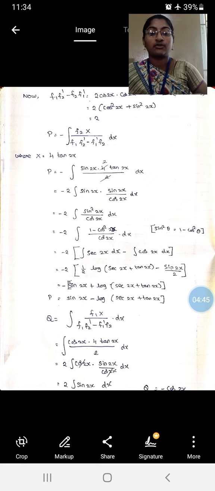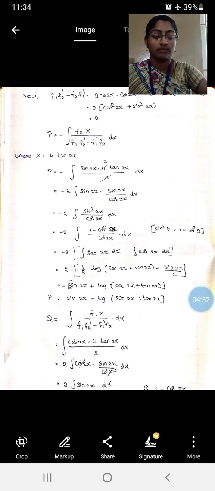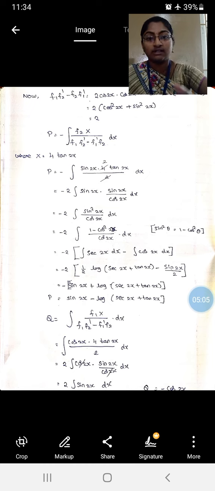Now we have to find the values of p and q for the particular integral. Here I am noting the formula, p equals minus integral f2 X divided by f1 f2 dash minus f1 dash f2 into dx, where X equals 4 tan 2x, which is the right hand side of the given equation.